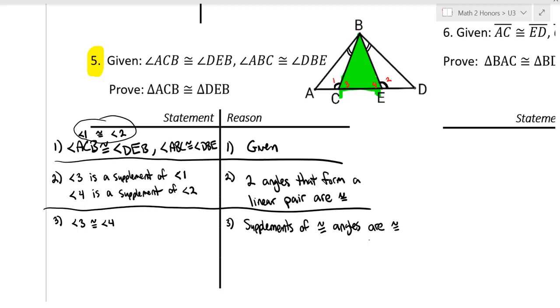So think through that. There's quite a bit of logic going on there, but this is relying on steps 1 and 2. Step 1 says that angle 1 and angle 2 are congruent. Step 2 says that angle 3 and angle 4 are supplements of angle 1 and angle 2. And we're using those two ideas in conjunction just to make statement 3.